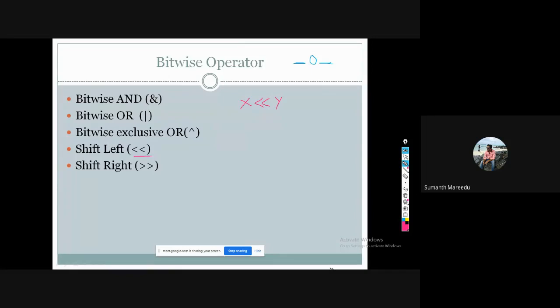Whereas in bitwise left shift and right shift operations, one operand is considered binary and one operand is considered in decimal format. Here X is converted into binary representation, whereas Y is considered a decimal number.